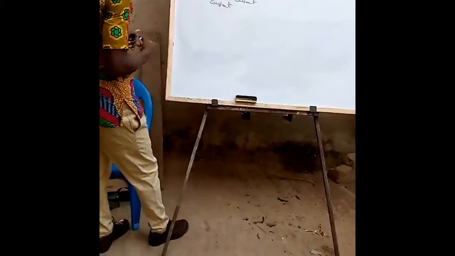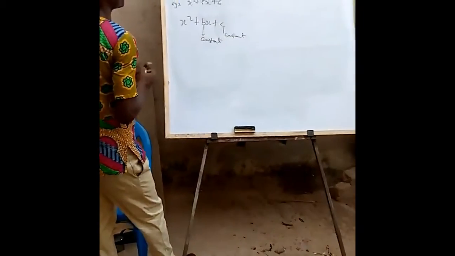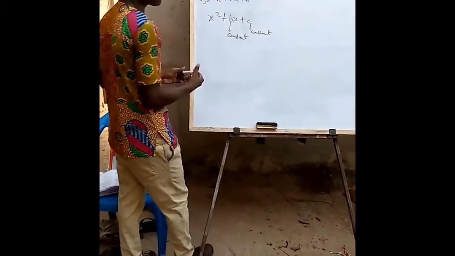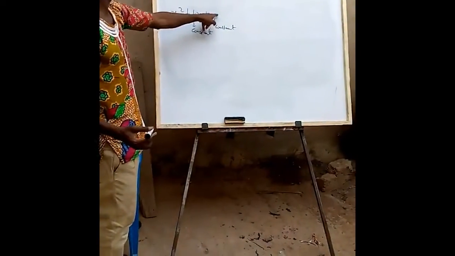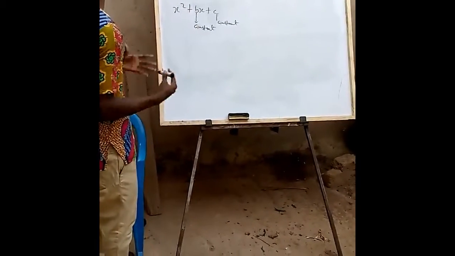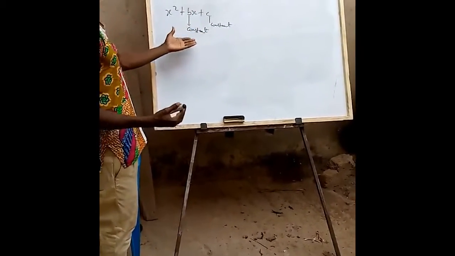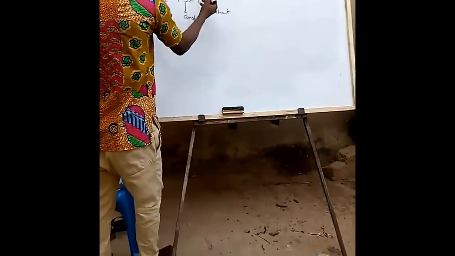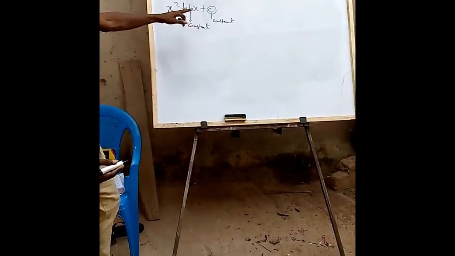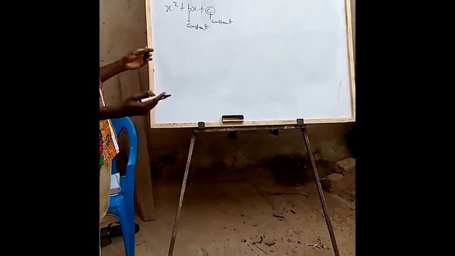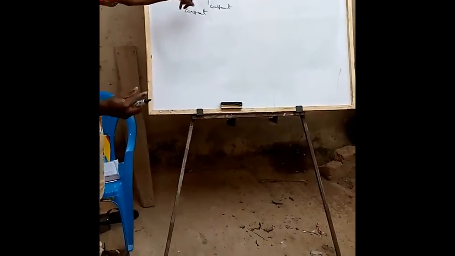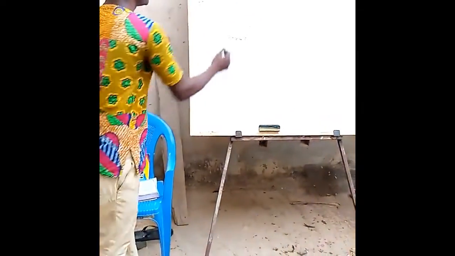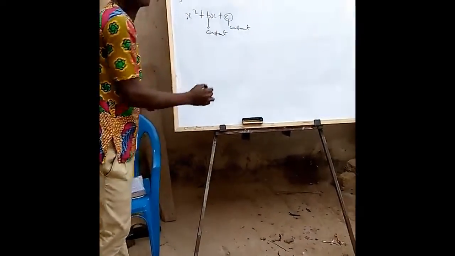So whenever we are dealing with this type of question, we multiply the coefficient of x squared, which is 1, by the constant, and we get a particular number. Then we find the factors of the constant c. We need two factors such that when you multiply them, you get the constant c, and when you add them, you get b.